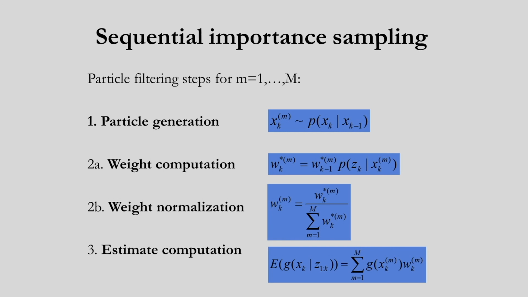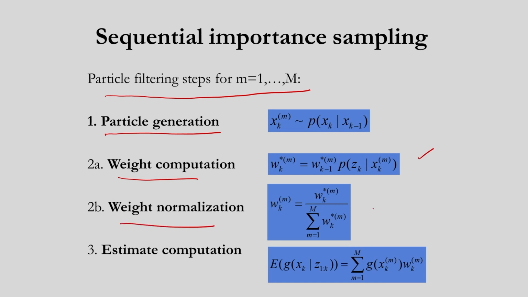So what are the steps of the particle filter? That is sequential importance sampling we have to consider. First the particle filtering steps, for m equal to 1 to M. First we have to define the particles, that is the particle generation. After this we have to compute the weights for the particles. For each and every particle we have to assign the weights, and also we have to normalize the weights.